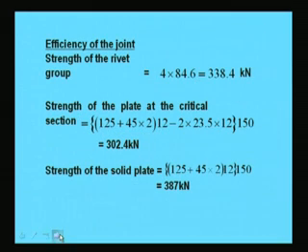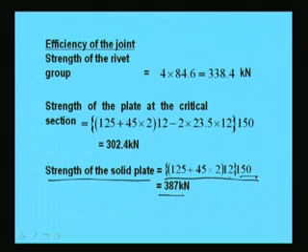Again, the strength of the solid plate will become, means if rivet is not there, if hole is not there, then the strength of the solid plate will become this one, 125 plus 45 into 2 into 12 into 150. So, this will become 387 kilonewton.